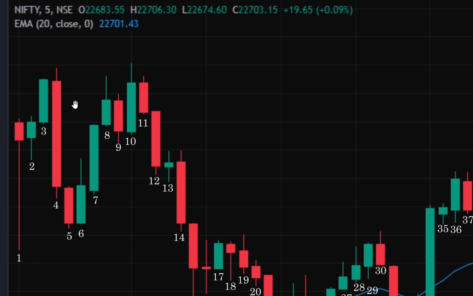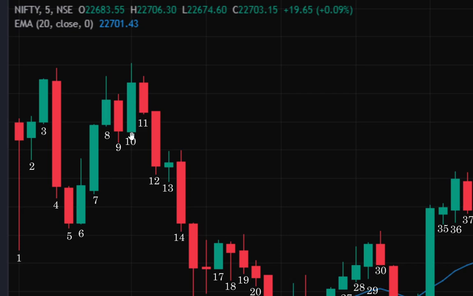Now once it got above bar 4 high, as you can see, the high of bar 10 is above bar 4. Now this can be a perfect setup for a double top. See here, at bar 9 the price has gone below bar 8.